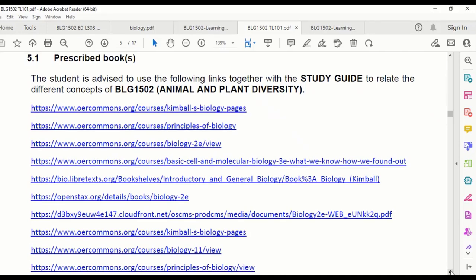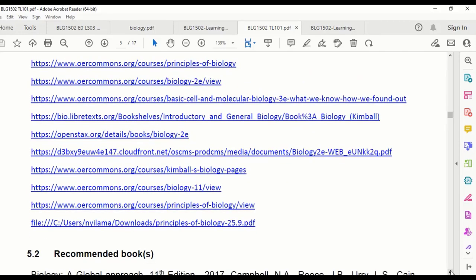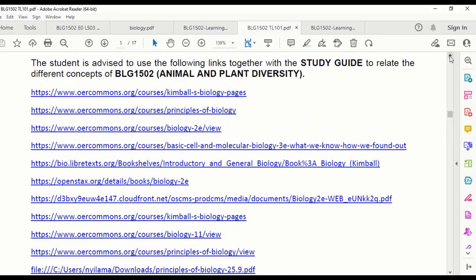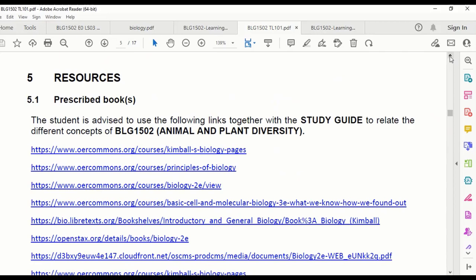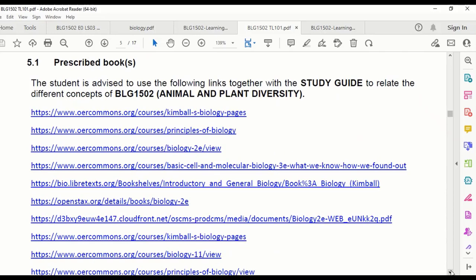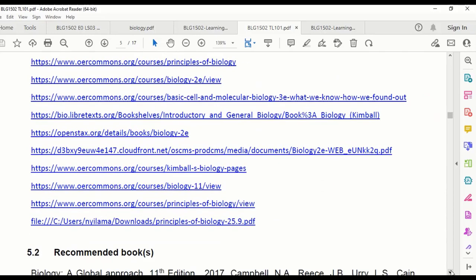That book is the one that most of the notes of this course are extracted from. If you could have access to it via UNISA, they have the means and the links where you can download that book and have it online. You don't necessarily have to buy it, but if you can, that will help you a lot.